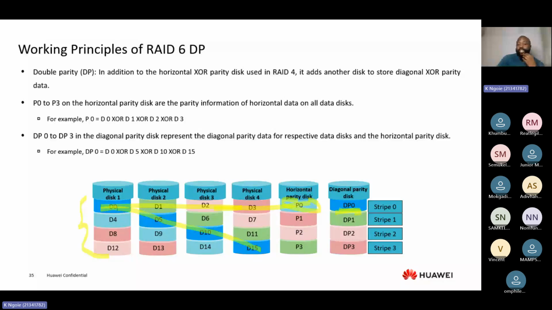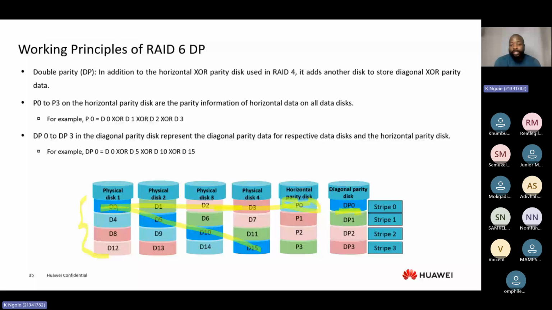One of the advantages of this system is that we can have two disk failures without any data loss, which is different from only using one recovery system. Just to summarize, RAID 6 double parity will use a horizontal XOR parity and a diagonal XOR parity.